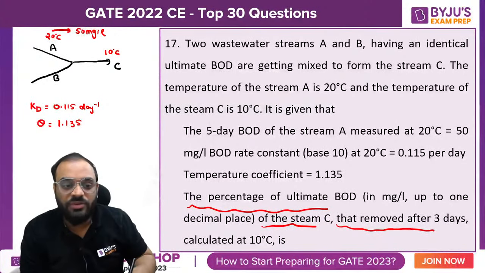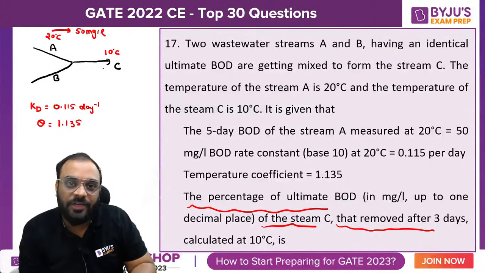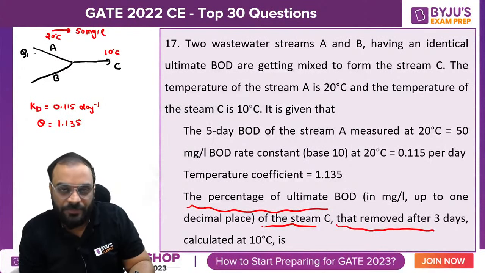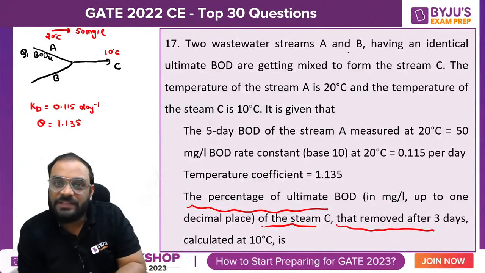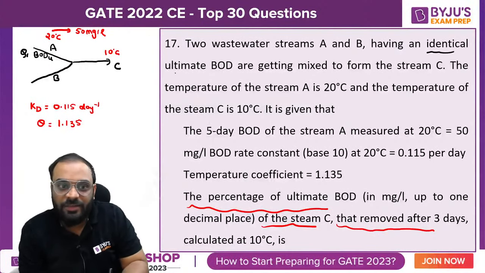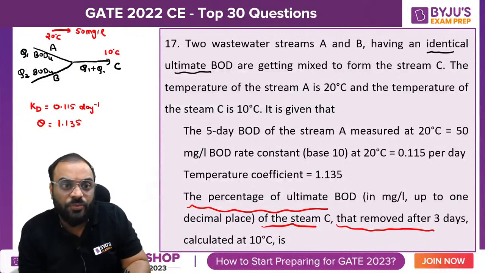So first, what you need to understand? We need to understand what should be the ultimate BOD of stream C, right? So just imagine guys, if the discharge of A is Q1 and the ultimate BOD is BU, right? As per the question, the ultimate BOD of A and B is the same, identical ultimate BOD, correct? So that's why this is Q2 and this is the ultimate BOD. Now this discharge will be Q1 plus Q2, correct?